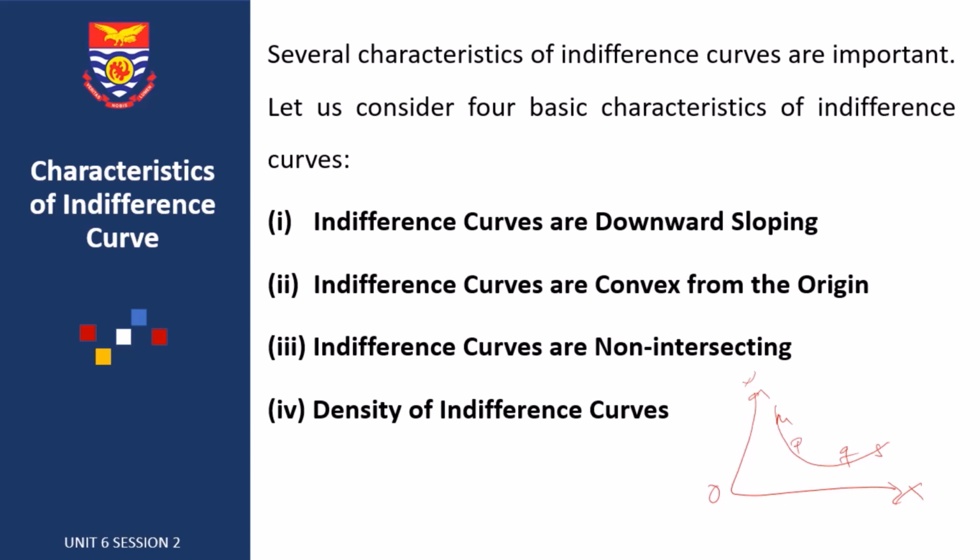Technically, the slope of the indifference curve at each point measures the marginal rate of substitution of the combinations represented by that point. The slope, or the marginal rate of substitution, shows the rate at which the consumer who possesses that combination will substitute one good for the other good to remain equally satisfied.